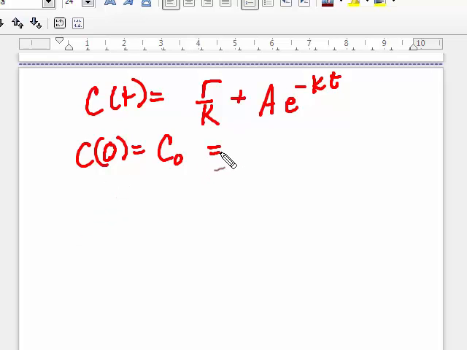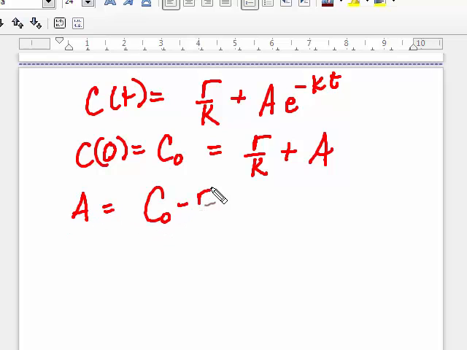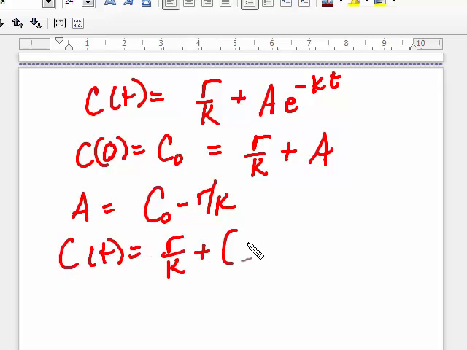So if I put the 0 through this equation, I get R over K plus A e to the 0. E to the 0 is 1, so I'm good. Now I can solve for A. A is going to be C naught minus R over K, and here is my solution: R over K plus C naught minus R over K e to the minus KT.